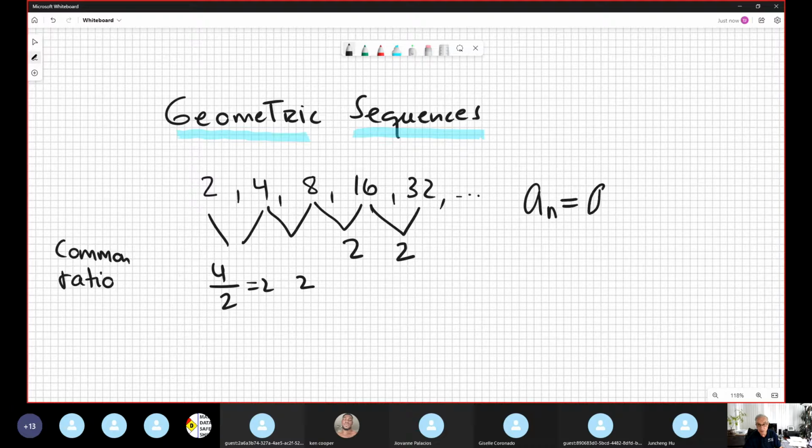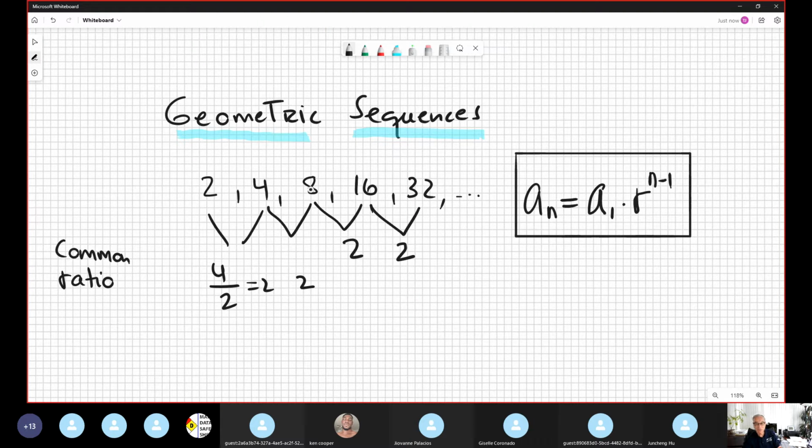It's A1 multiplied by the common ratio raised to the n minus 1. This formula is analogous to the one we used for arithmetic: A1 plus n minus 1 times D. But now it is the common ratio.